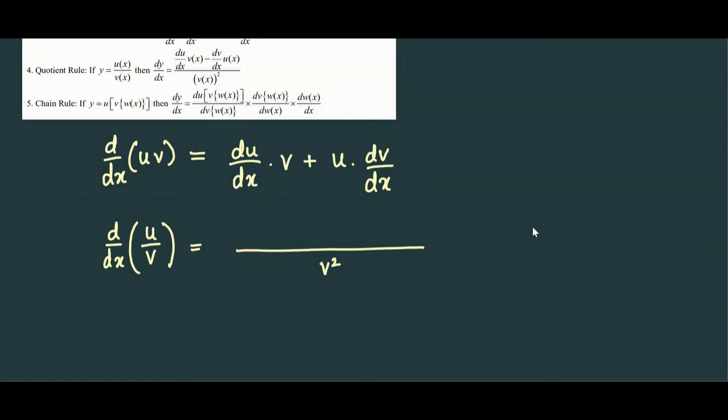Then we'll get v, the denominator, multiplied by the derivative of the numerator, minus the numerator into the derivative of the denominator. Okay, this we have to remember.